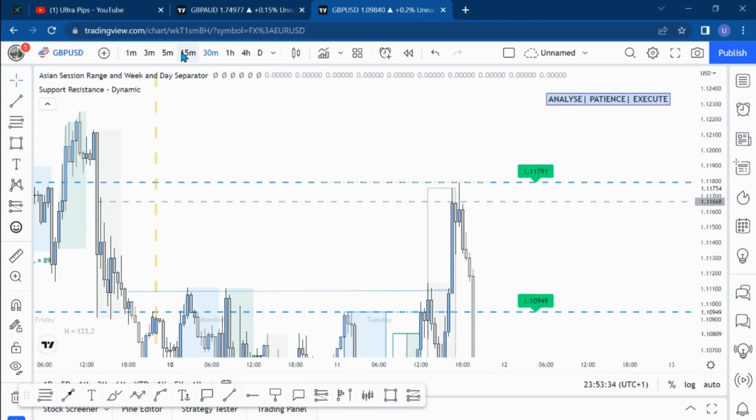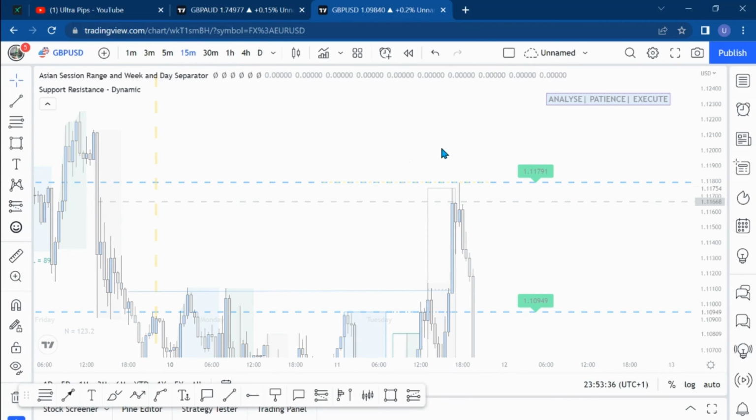Then I noticed this week on the 15 minutes time frame and waited, because I take my entry from the 15 minutes time frame. Then when you move to your 30 minutes, you get to see this support resistance dynamic clearly, and you wait for price to touch the zone well to take in more entry. So from there I took in more entries and sold.